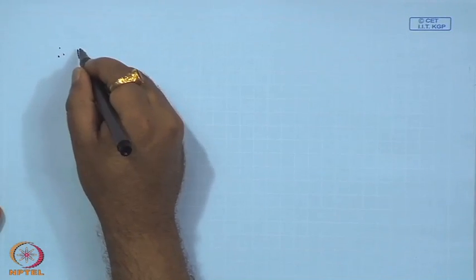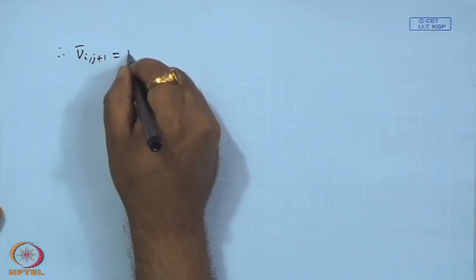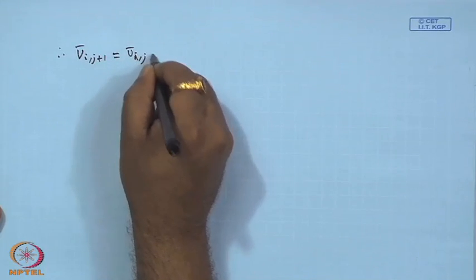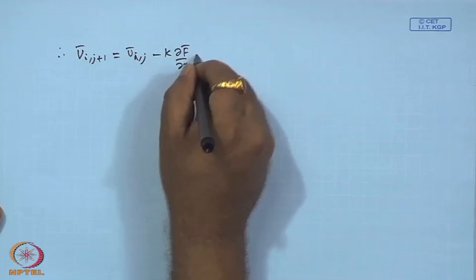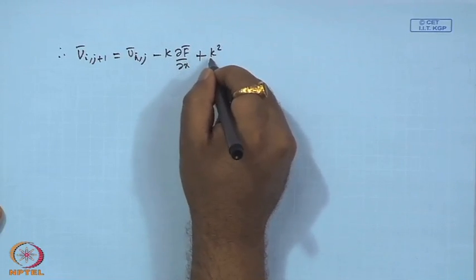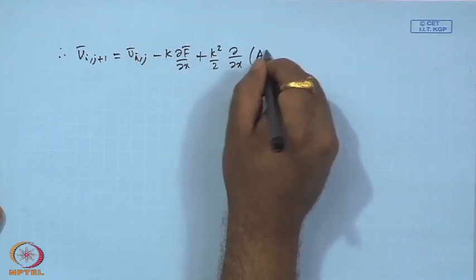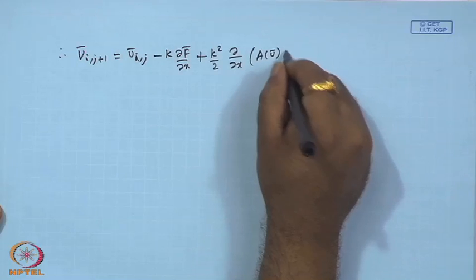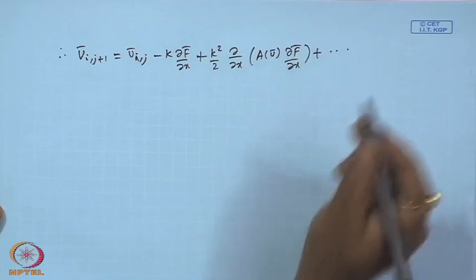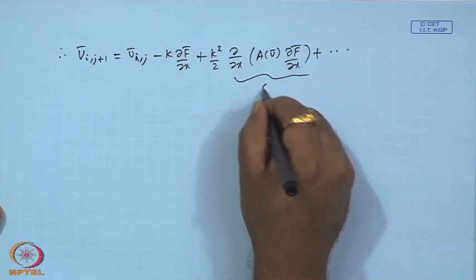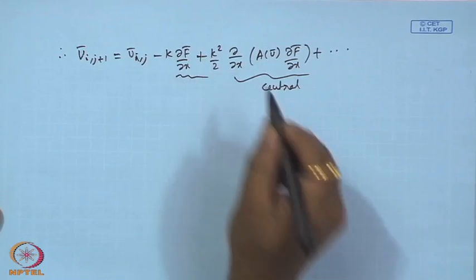So now the method becomes, so therefore... is... so now we go for central difference approximations.